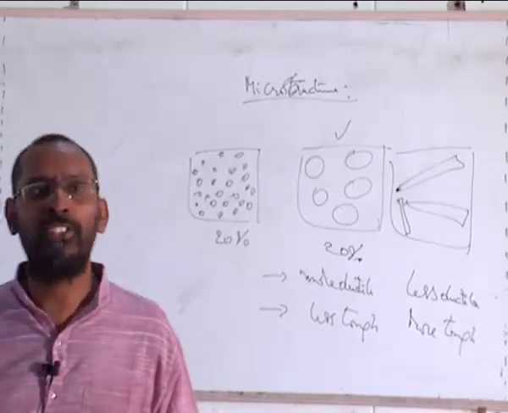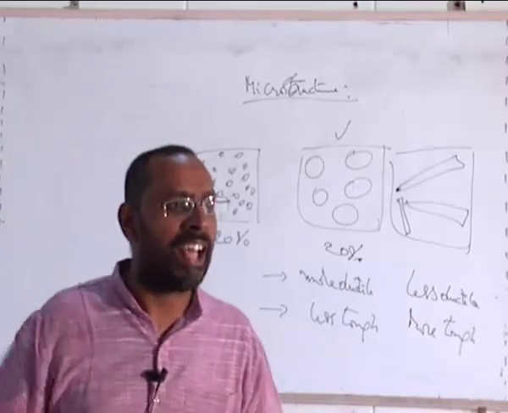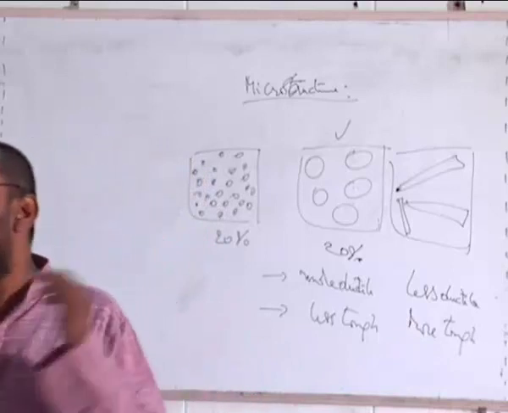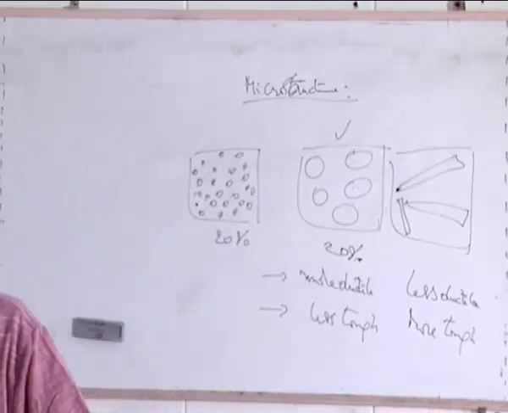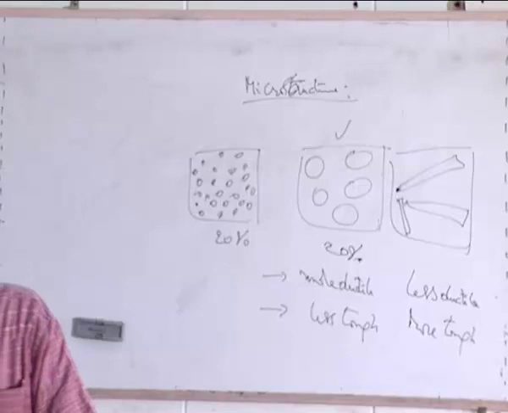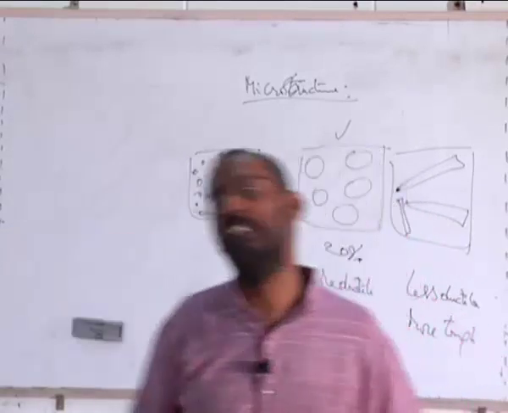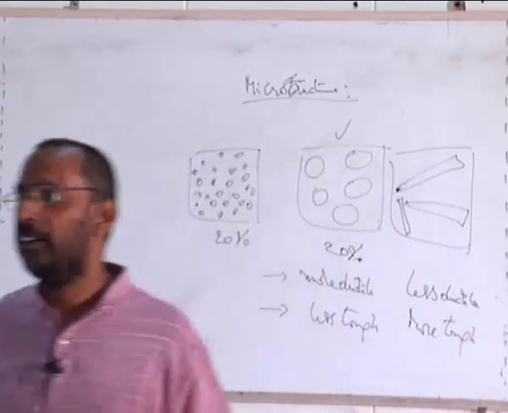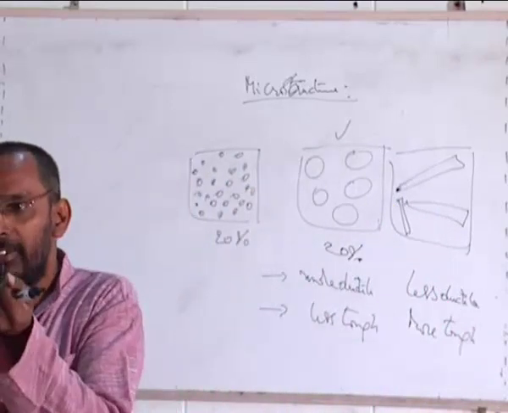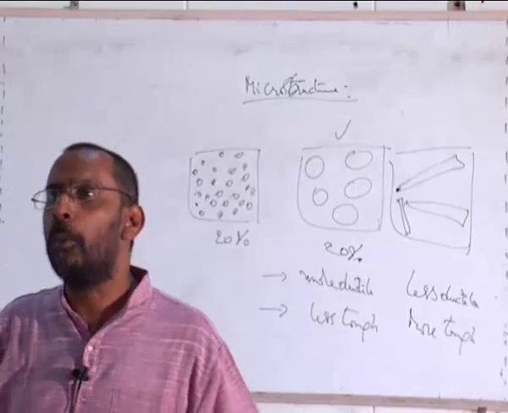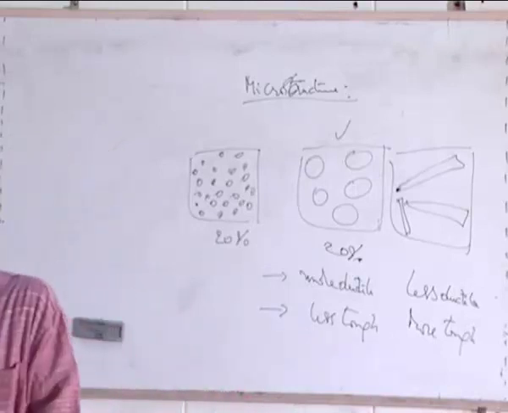For example, have you ever gone to a fellow who frames your photographs? If you have gone any time, you will see he will just take a glass and put a scratch on it with a diamond, just draws a line and then just bends like this. The glass breaks. So the moment you initiate a crack, the crack can easily propagate.